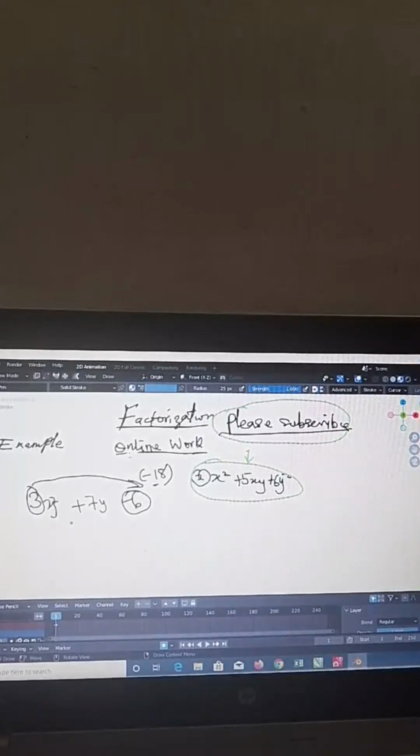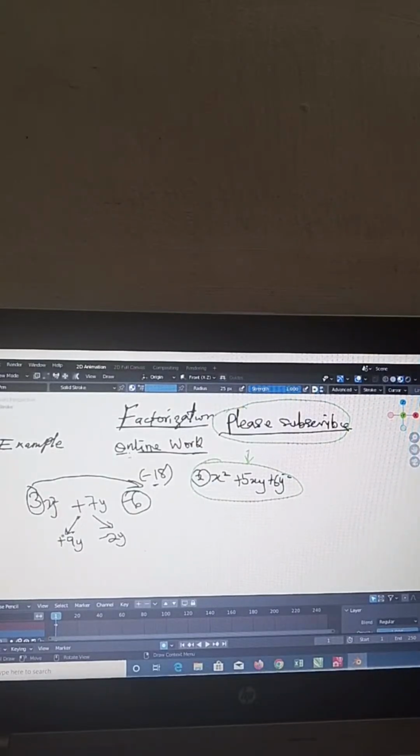What are the two numbers? Since here is plus, the bigger number would be plus. So if I separate it, that will be plus 9y, and the other factor is minus 2y.